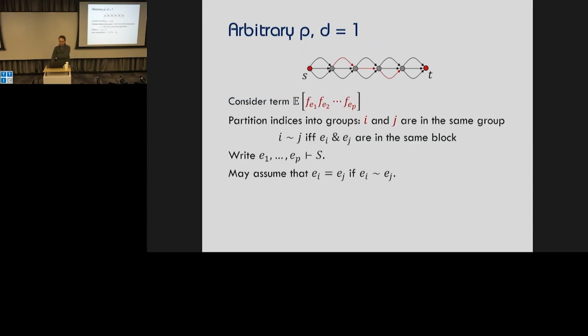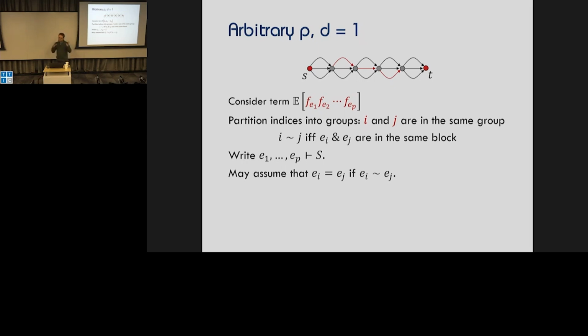Now, let me tell you what we do in general. When d is equal to 1, we consider the expectation of the product of the form f_e1 through f_ep, and our previous discussion suggests that we should figure out which of these e_i's and e_j's are equal and which of them are not.